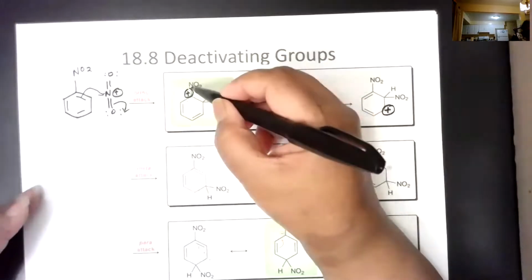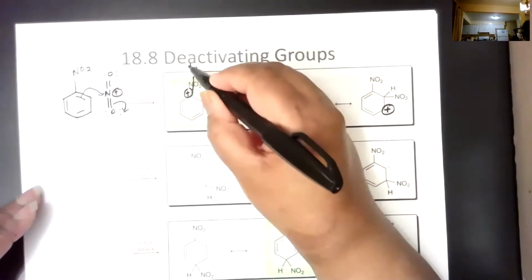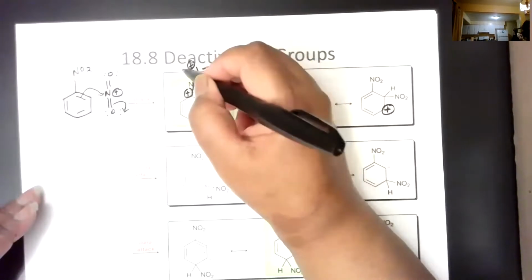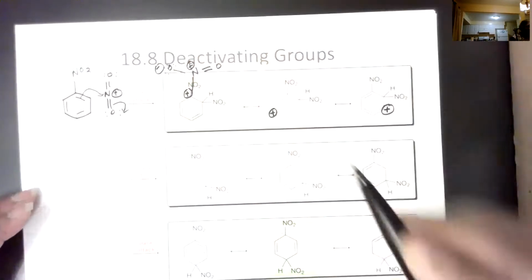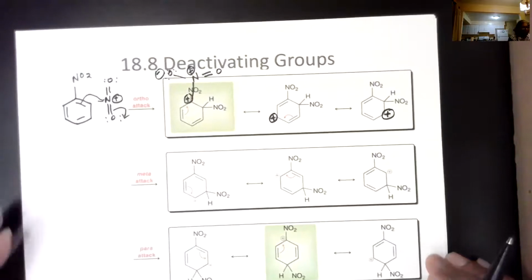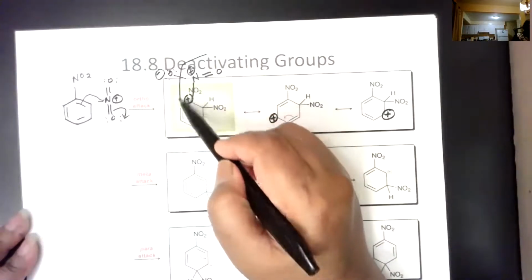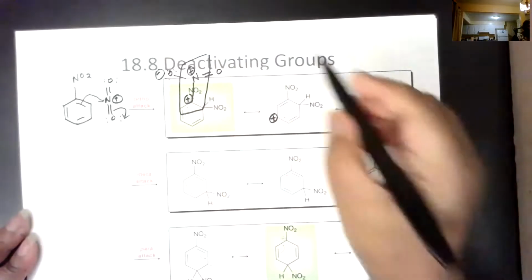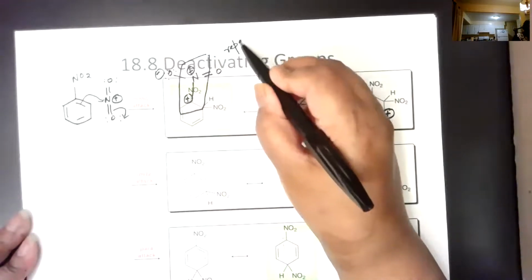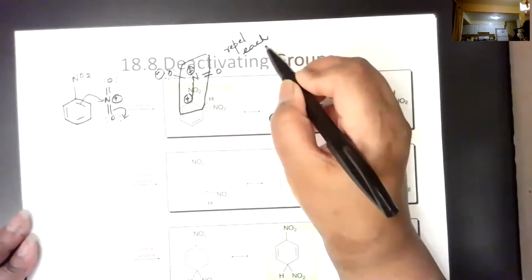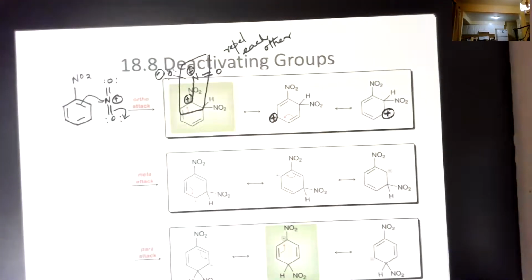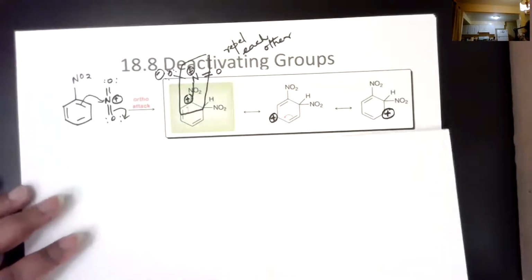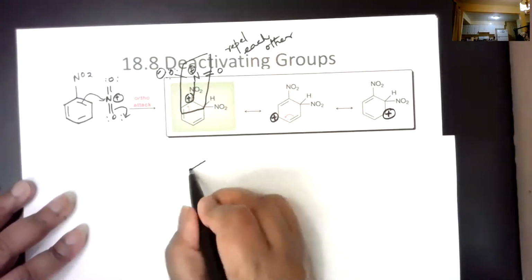In other cases, the placement of a positive charge at that position was helpful. What about here? These two positive charges are going to repel each other. Let me draw a better structure for the first one.